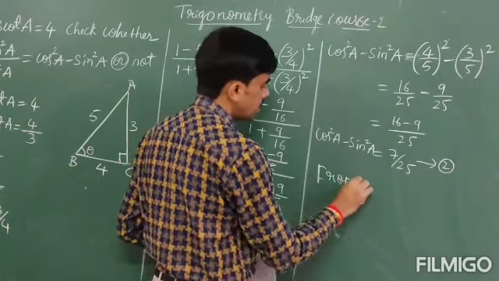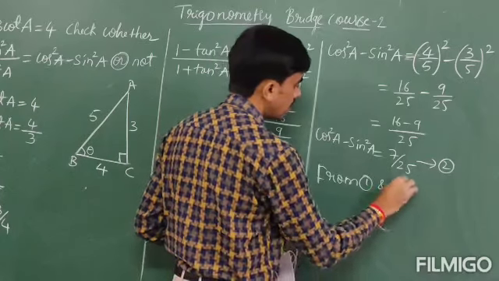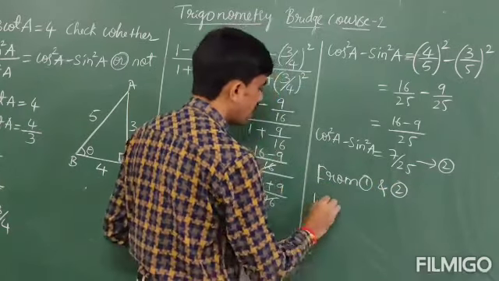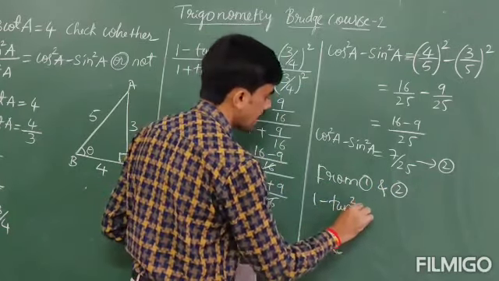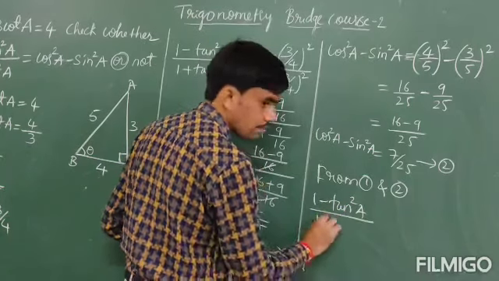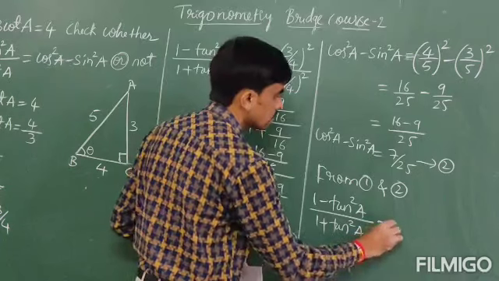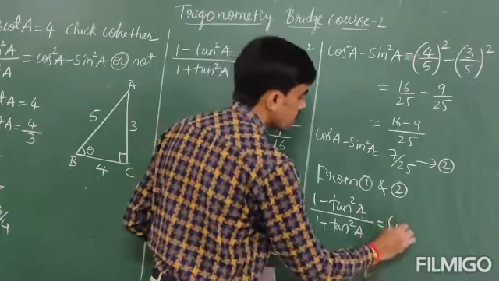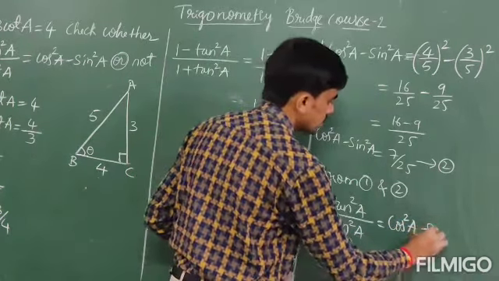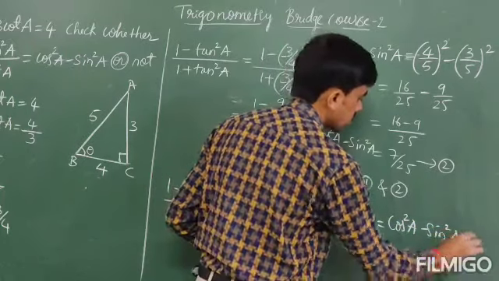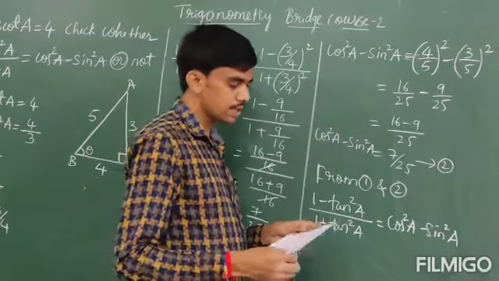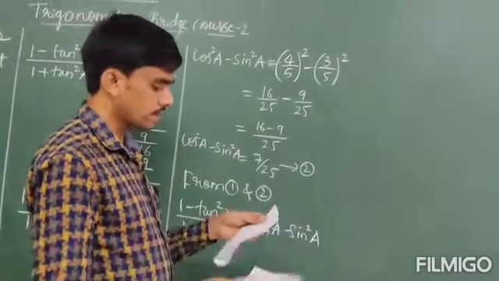From 1 and 2, what do we get? 1 minus tan square A divided by 1 plus tan square A is equal to cos square A minus sin square A.